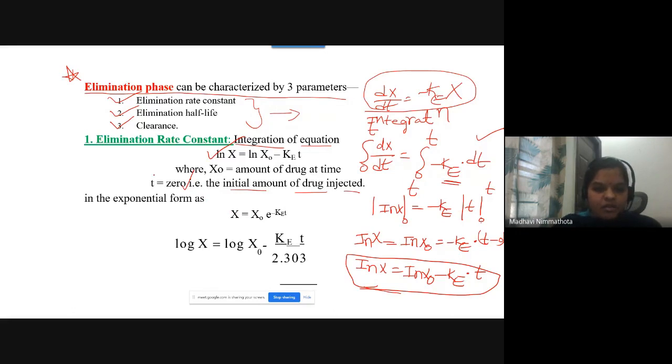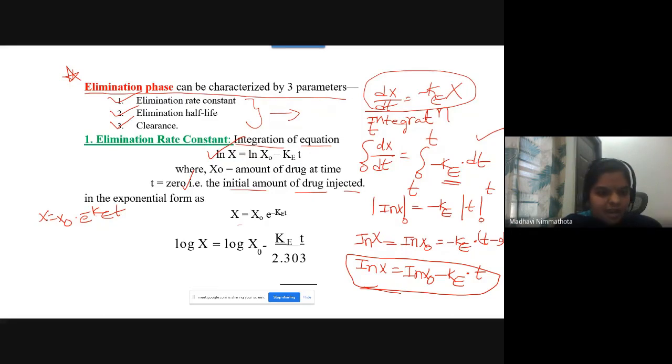So then you have to integrate this equation. Then in exponential form it becomes x is equal to x naught into e to the power of minus ket. First you write this equation, and in the next line you write down the exponential form of the above equation.